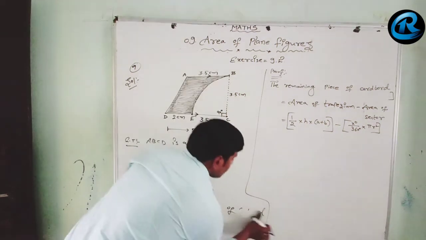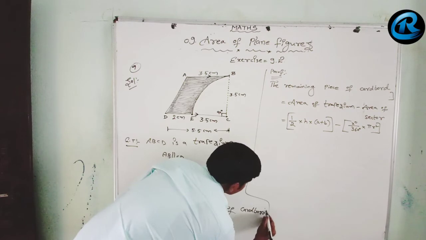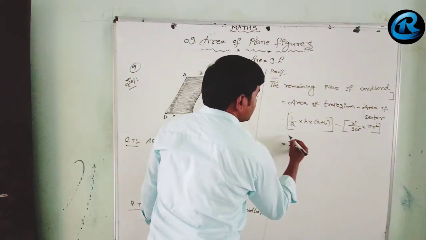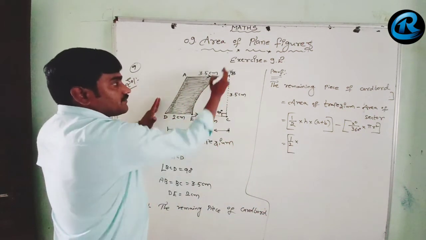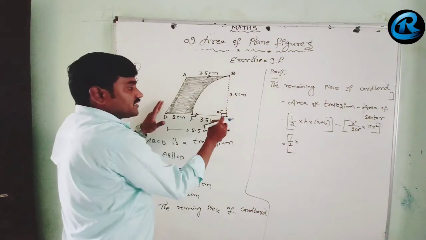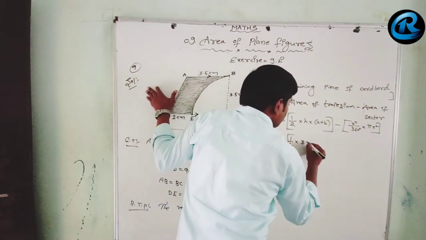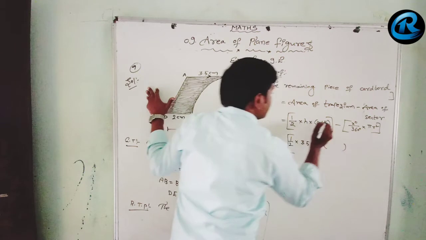So let us substitute 1/2 into h value from the figure. What is the height between these two parallel sides? The height is 3.5 centimeters. So 3.5 centimeter into (a plus b).